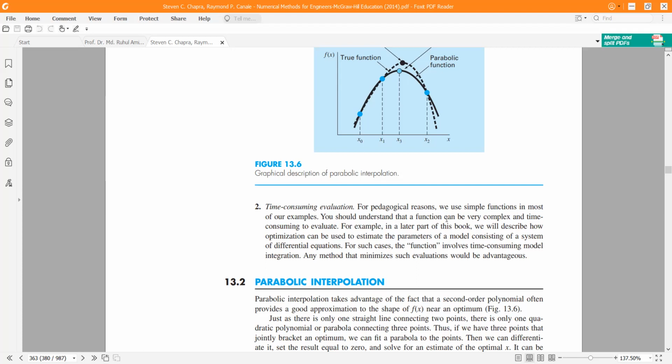maximum or minimum values. It can be easily observed, see this figure 13.6, that a parabolic curve can best fit the region over which, for example, we are searching for the maximum.